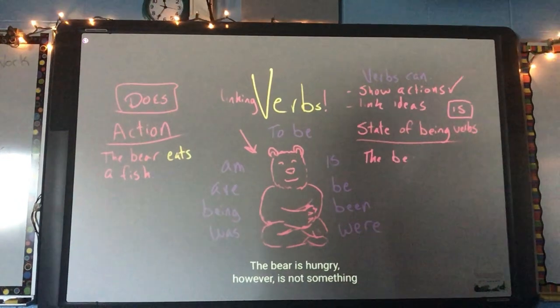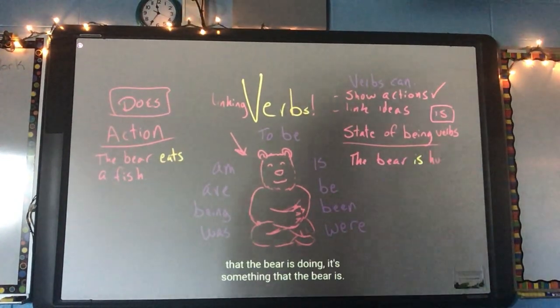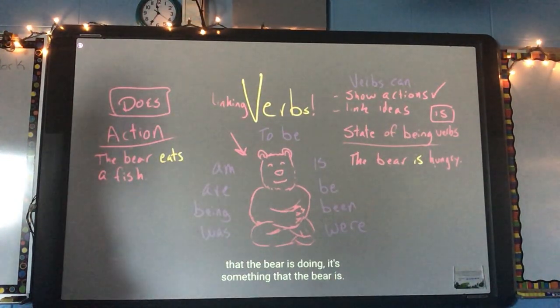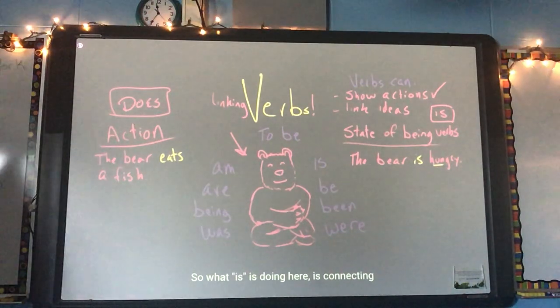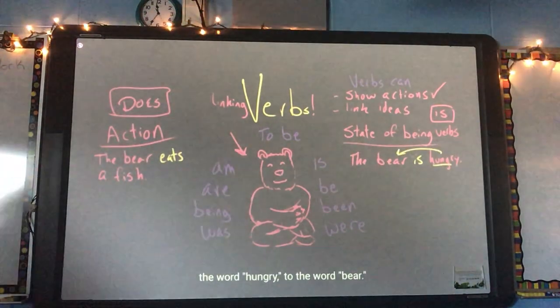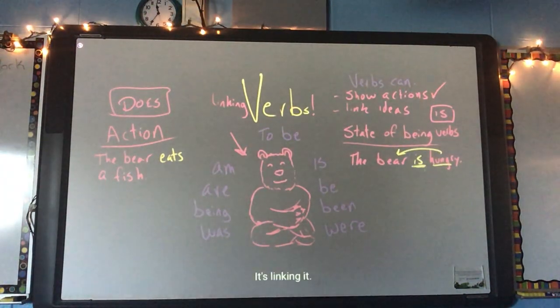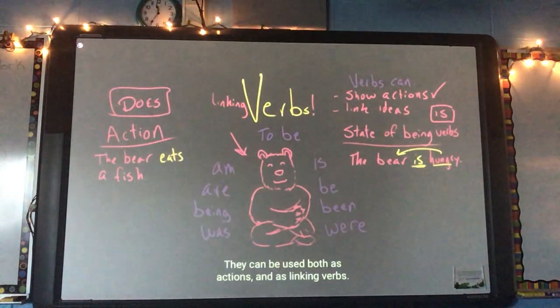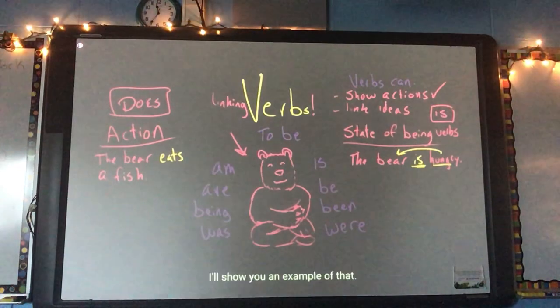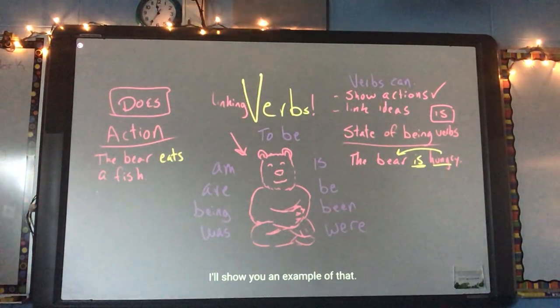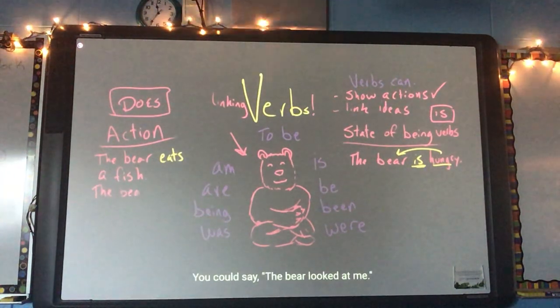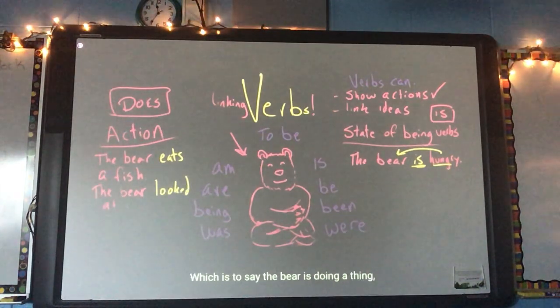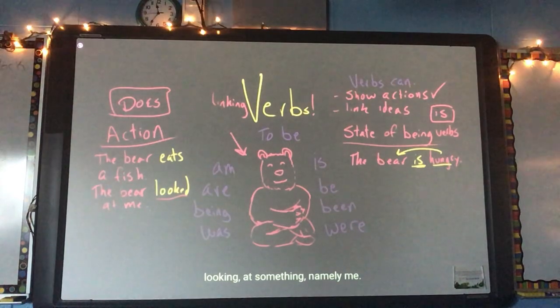The bear is hungry, however, is not something that the bear is doing, it's something that the bear is. So what is doing here is connecting the word hungry to the word bear. It's linking it. Some verbs can be used both ways. They can be used both as actions and as linking verbs. You could say, the bear looked at me, which is to say the bear is doing a thing, looking at something, namely me.